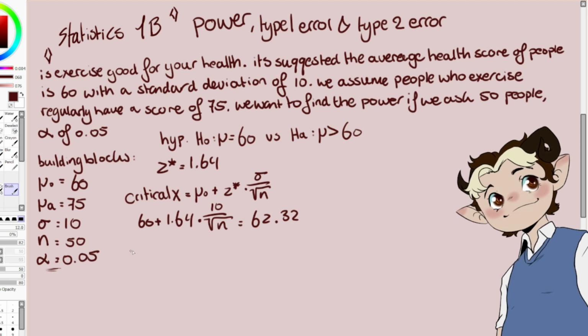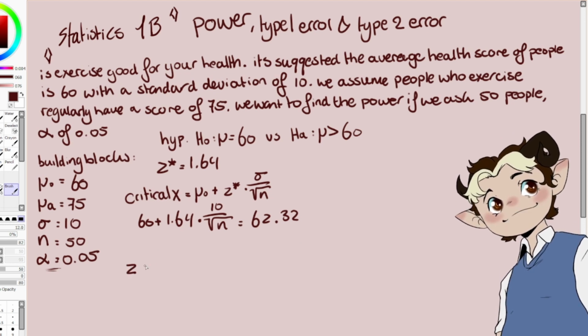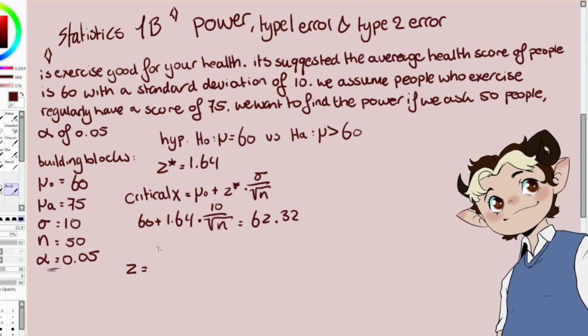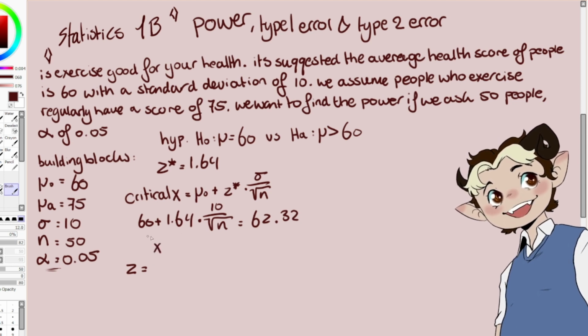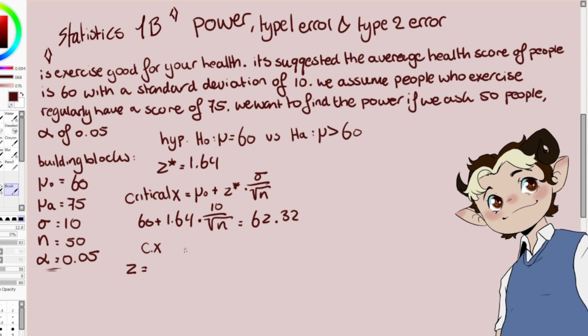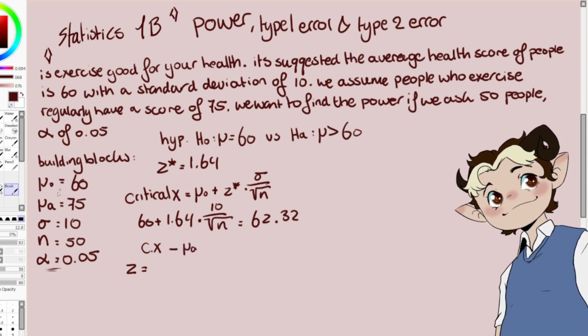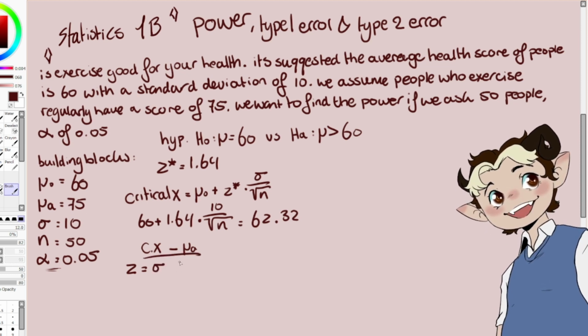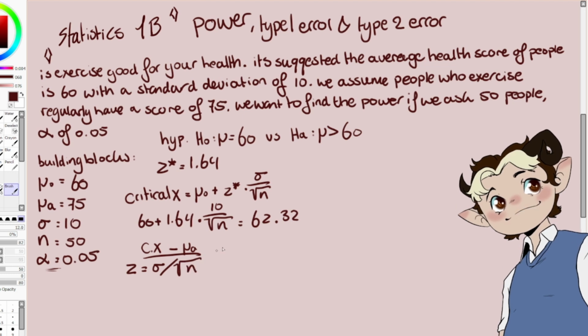So let's plug that into our z for our power, which was our critical x, I'll say cx, minus our alternative hypothesis, divided by the standard deviation divided by the square root of n.